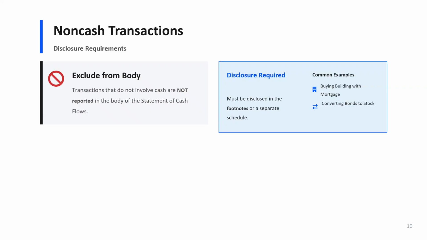These transactions impact the company's financial position, even without a cash exchange. Because there is no cash involved, they do not go on the cash flow statement. Instead, they are disclosed in the footnotes or a separate schedule. Now let's do some practice questions to solidify everything we have talked about.